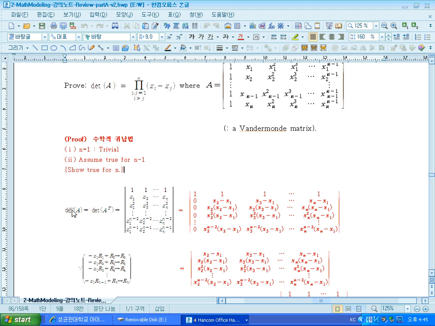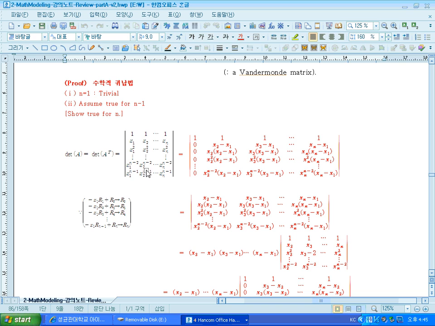Then we know the determinant of A is the same as the determinant of A transpose, which is this. Here, if we multiply minus x1 on the first row and add it to the second row, then we will have this second row. If we multiply minus x1 on the second row and add it to the third row, then we will have the third row in this form.